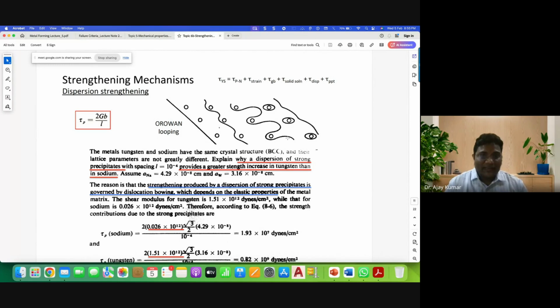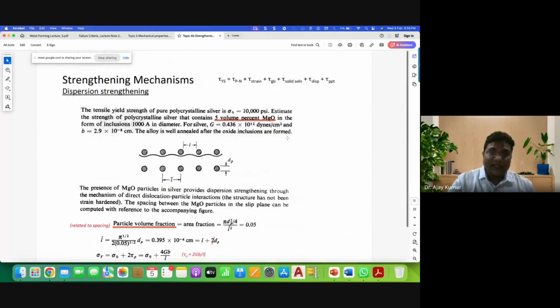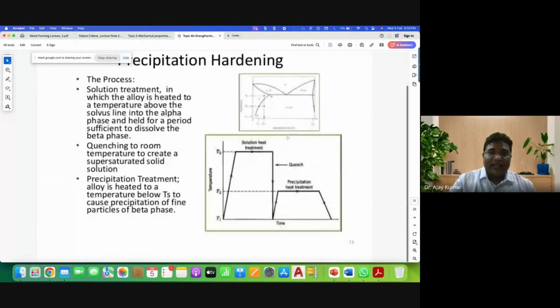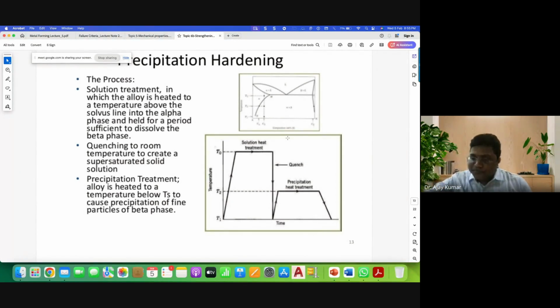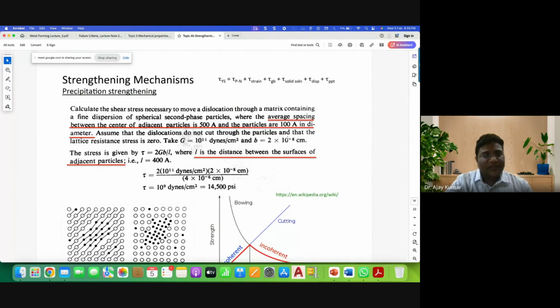This is how dispersion strengthening takes place. Then we have precipitation strengthening. This happens generally, and that's why we do heat treatment for getting these strengthening mechanisms.